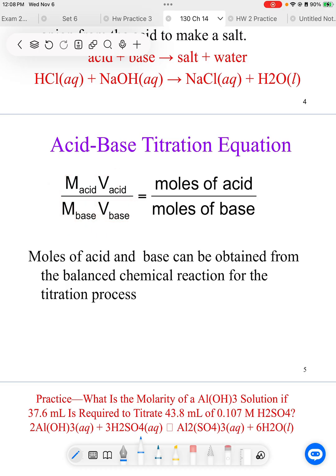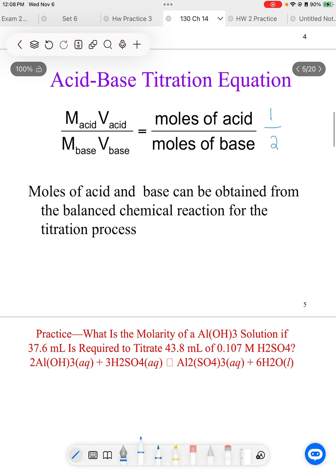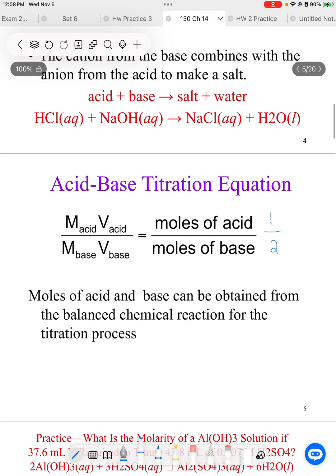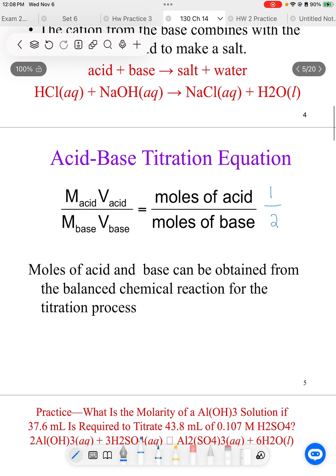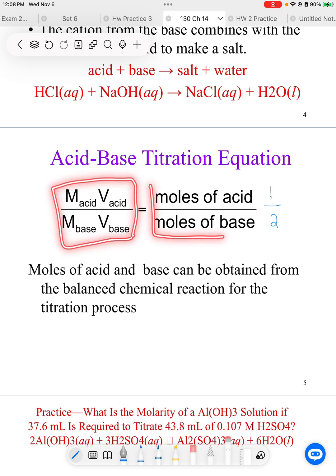We're going to say we have 1 mole of acid over 2 moles of base, and I'm going to do a problem down here where we actually take it out of a story problem. But for the example, we'll just start with 1/2. So I'm going to rewrite my skeletal equation, and again, this is my skeletal equation.